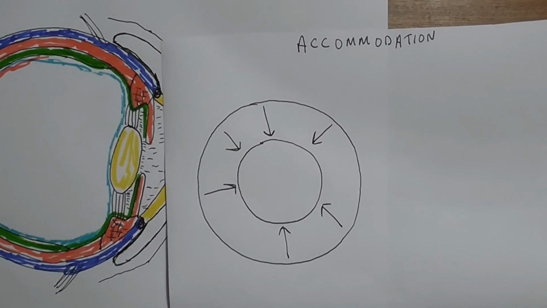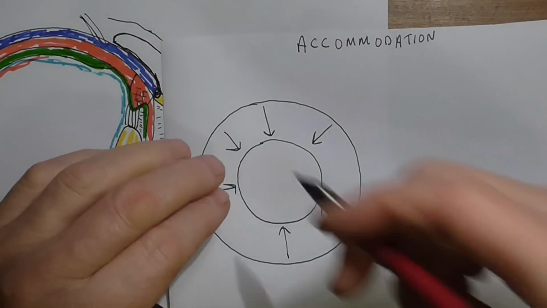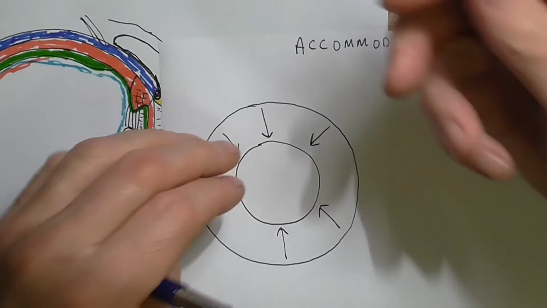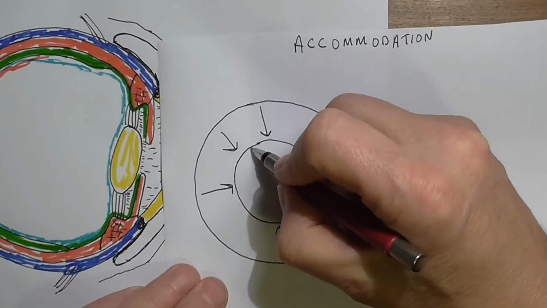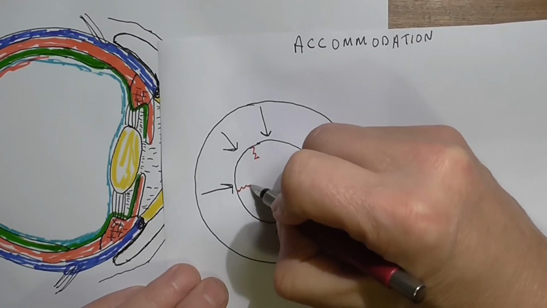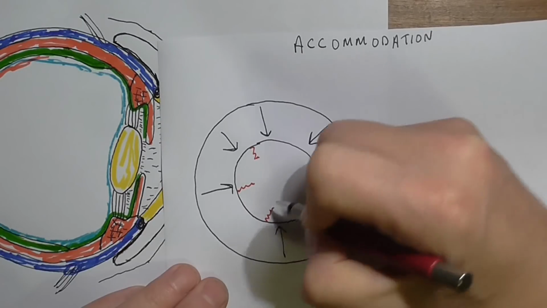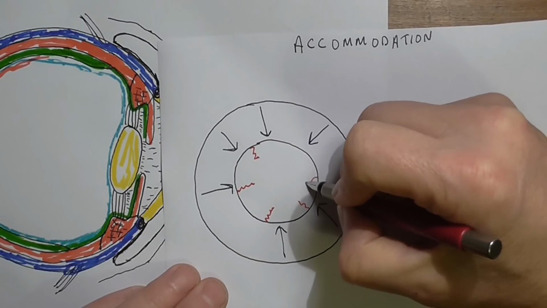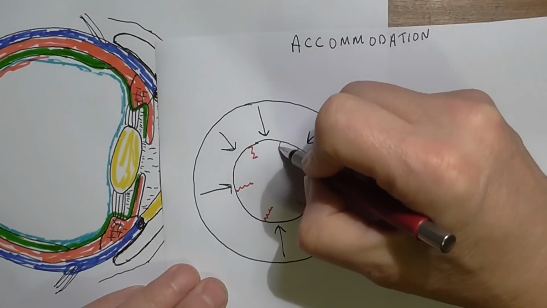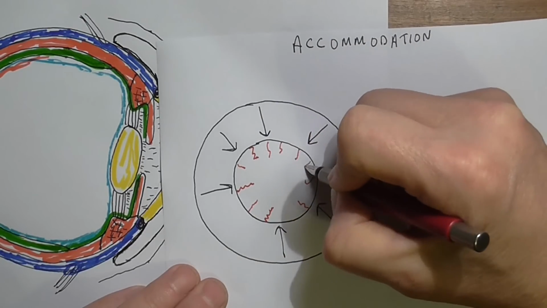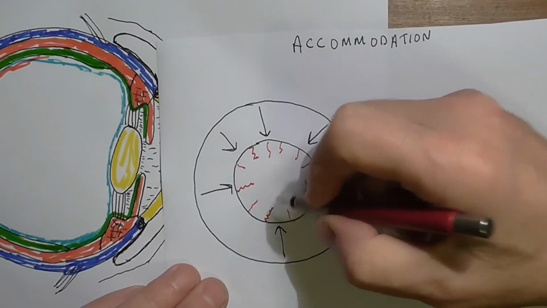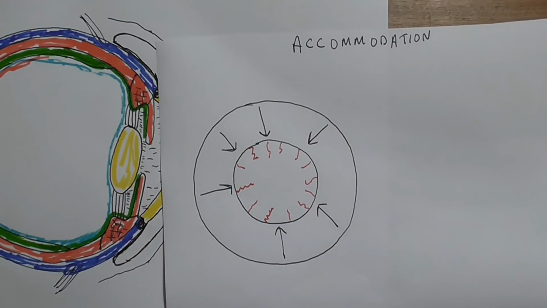We had the suspensory ligaments, but because now the ring has moved in, there's less pressure on the suspensory ligaments. So these are now loose. And when the lens can, the elasticity of the lens will make the lens go short and fat.